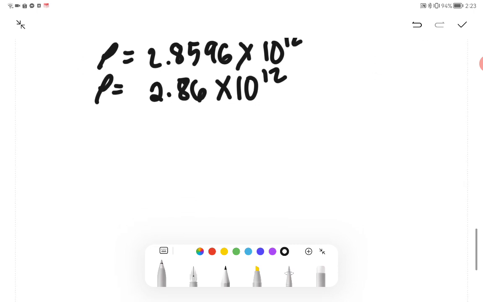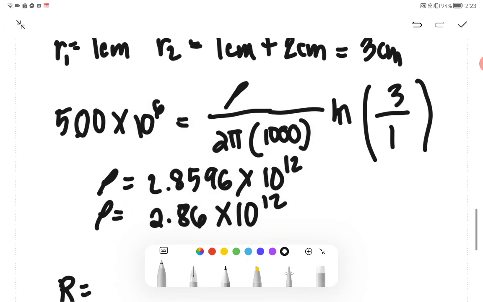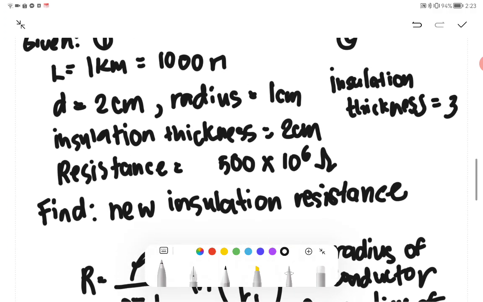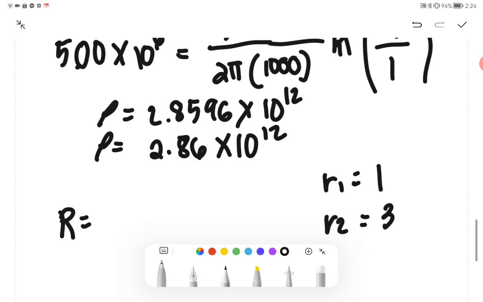So we will use that to find the R of the second part. We also have our R1 as 1, and our R2 will be, it says here that the thickness increases to 3, so we will have 3 plus 1.